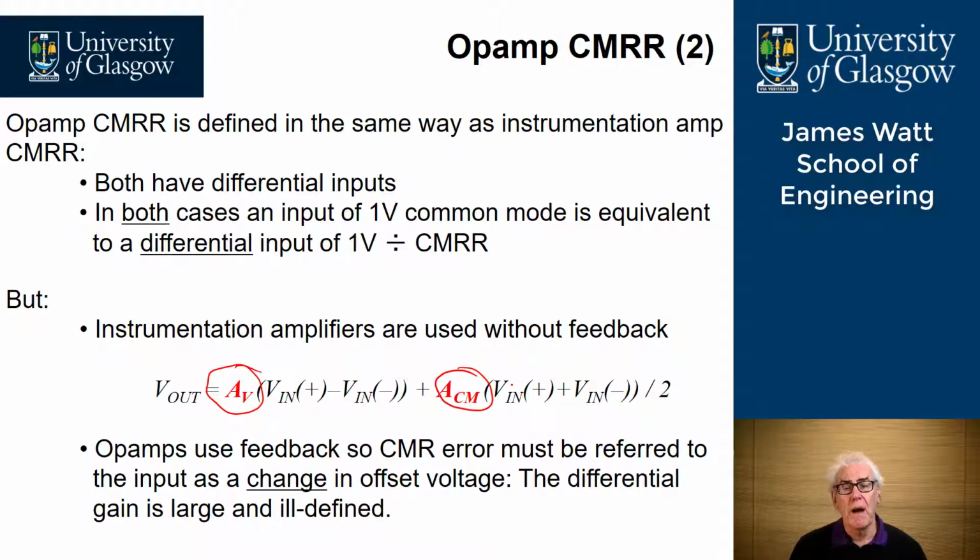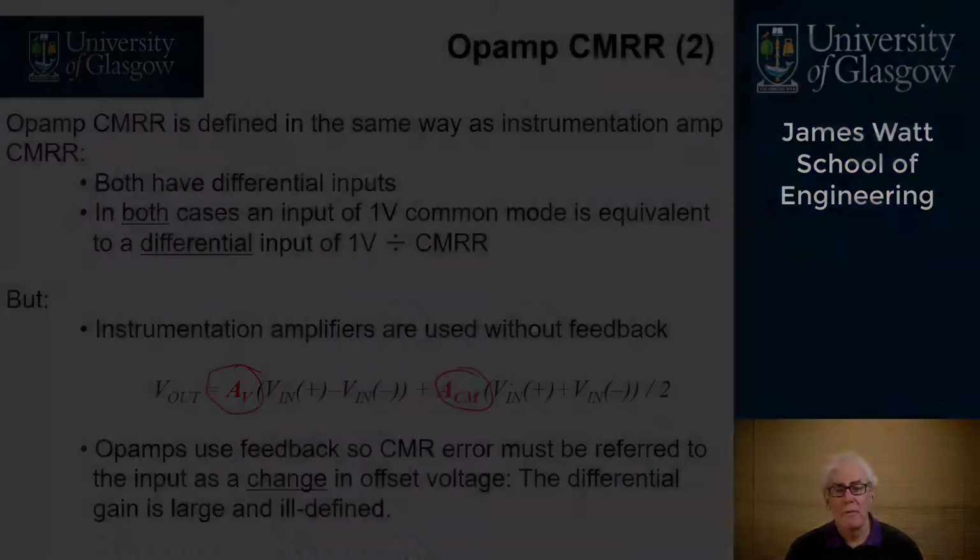Op-amps use feedback, so any common mode rejection error must be referred to the input as a change in offset voltage. Also, the differential gain is large and ill-defined. If you look at an op-amp datasheet, you'll discover there's a large tolerance on the open-loop gain of an op-amp.